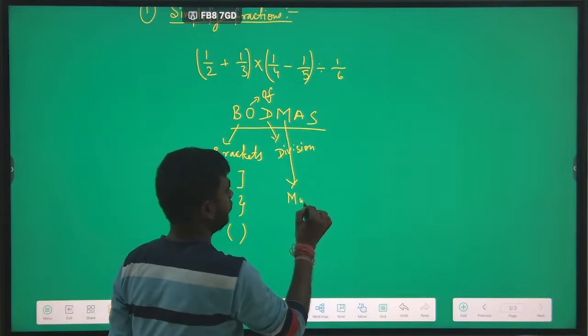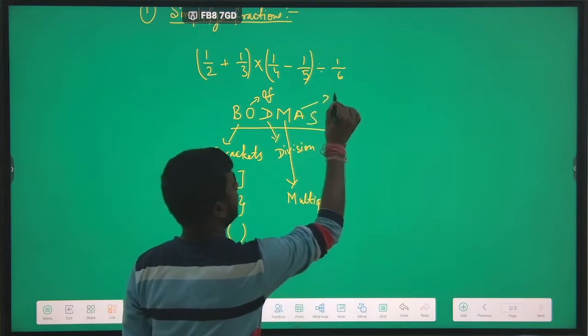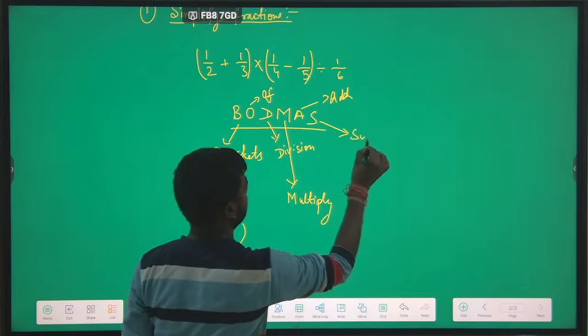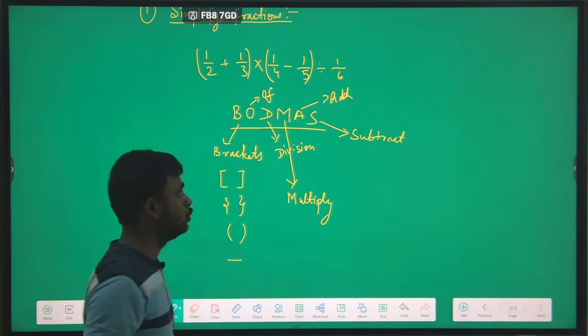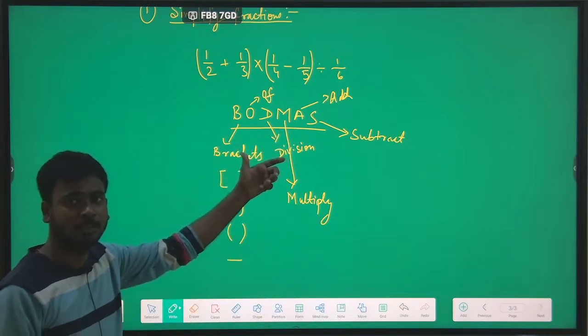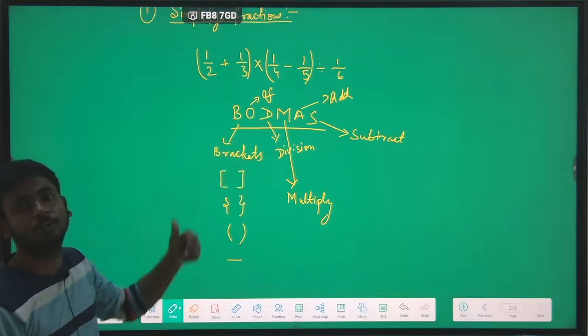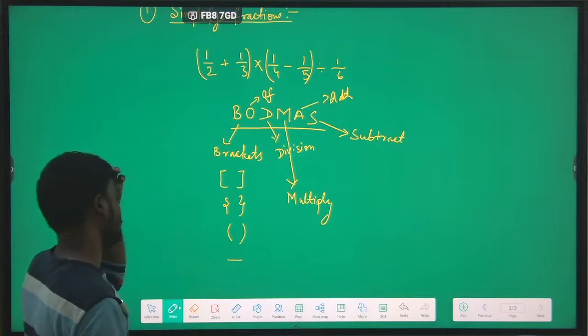After that, we add, and after that, we subtract. Okay. So you have to write this BODMAS, and after writing this BODMAS, you have to understand which one we will use first.